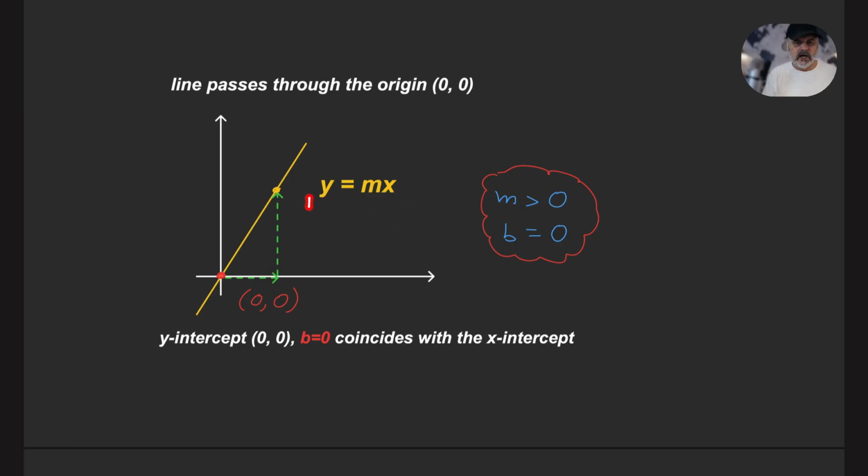So y is equal to mx plus b is the general form. mx is the very specific shorter form where b is equal to 0. Obviously, when you add 0, your y-intercept is at 0. And this is a very specific point because this is the x and y intercept in one location.